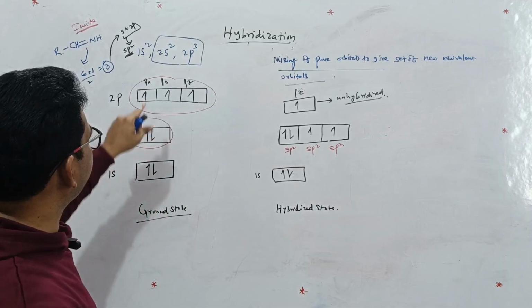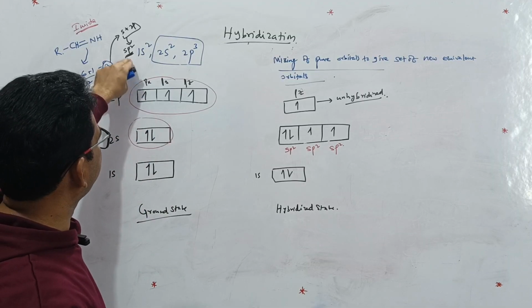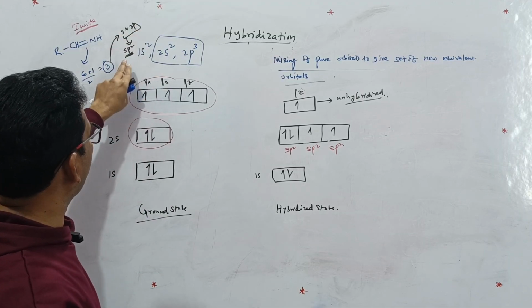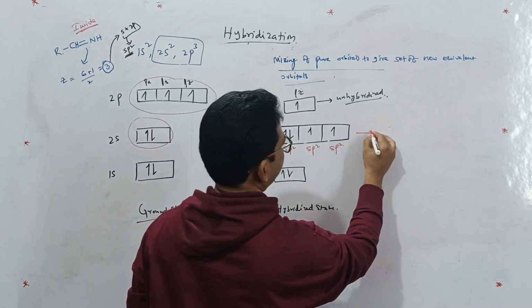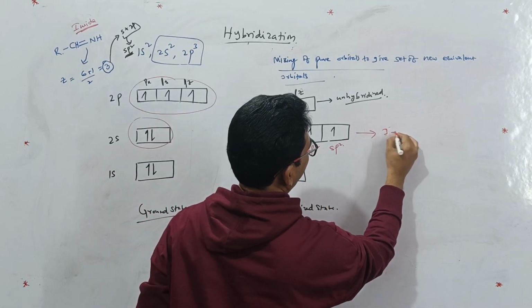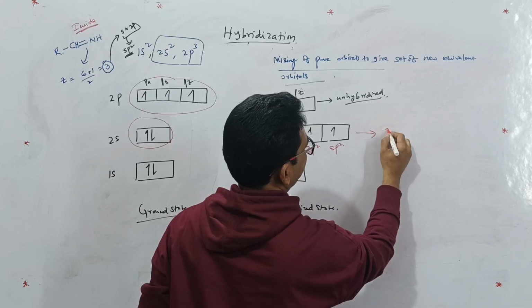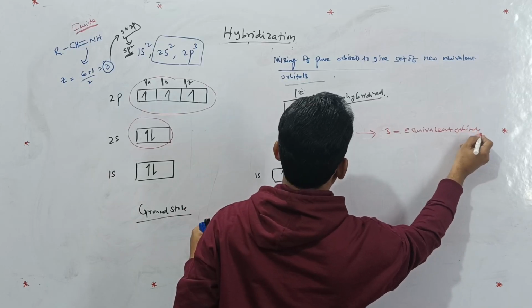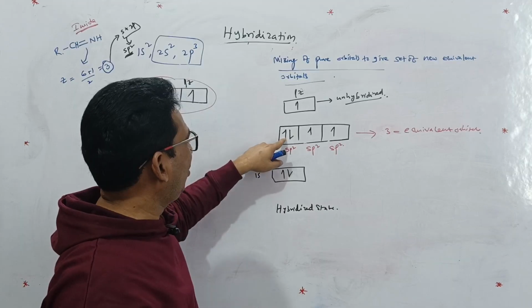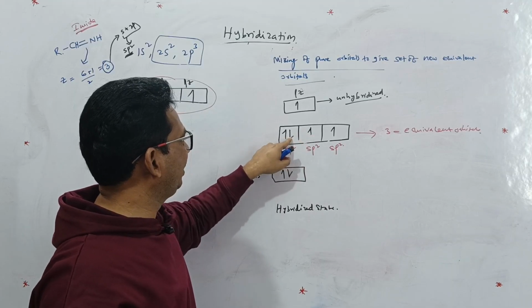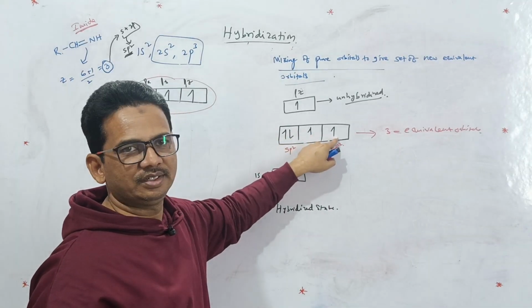One s and 2p means 3 sets of orbitals. One s and 2p means total how many? 3 sets of orbitals, which means it is going to produce 3 equivalent orbitals. Here students generally get the doubt of how they are equivalent, since here it is fully filled and here it is half filled.